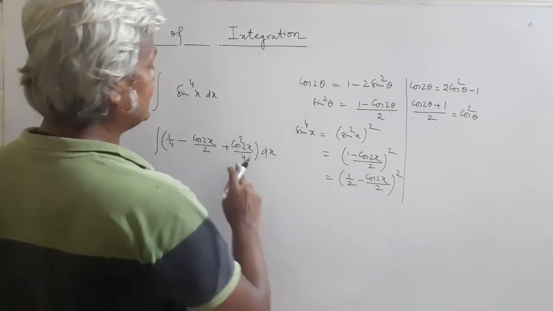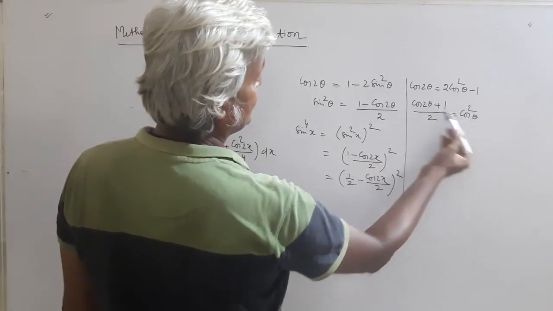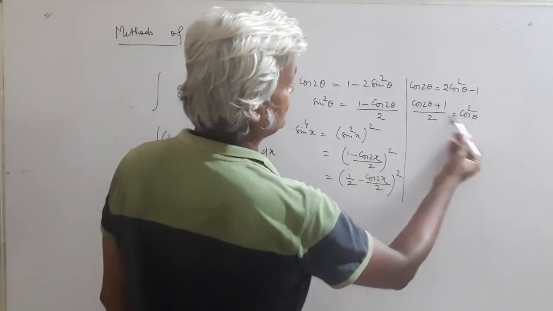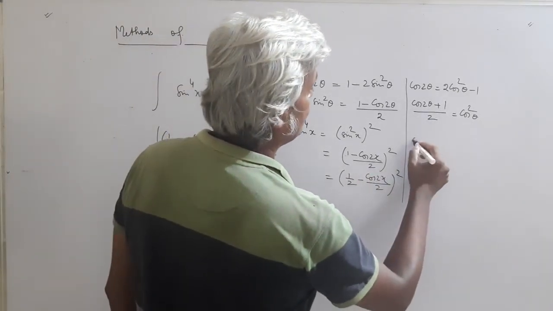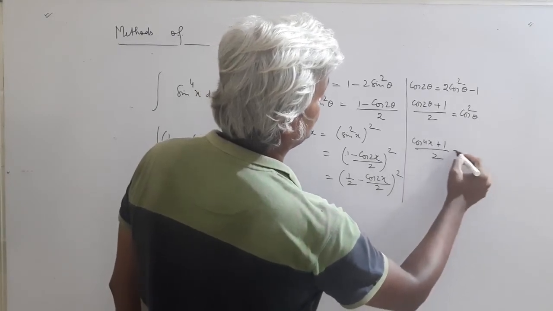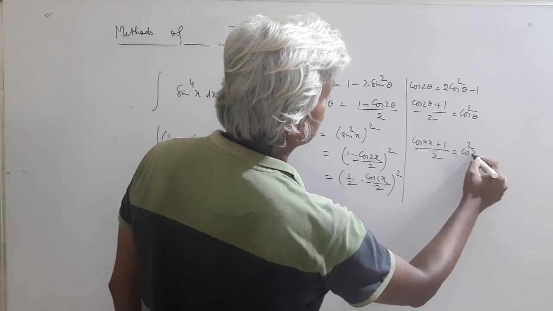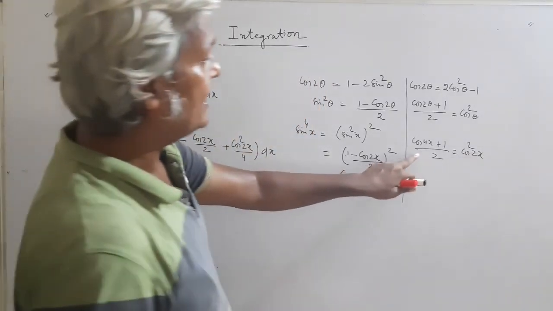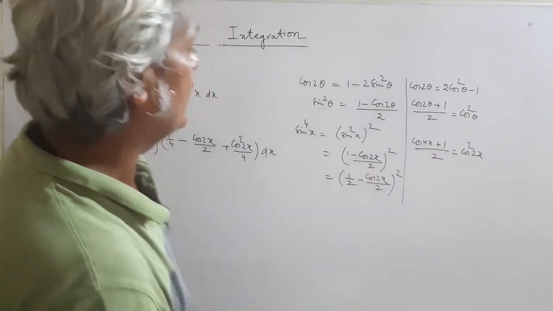If it is theta, then it has to be 2 theta. If I write 2 theta here, then this becomes cos 4x. So this becomes cos 4x plus 1 over 2, and this is cos square 2x. So cos square 2x can be written as 1 plus cos 4x over 2.